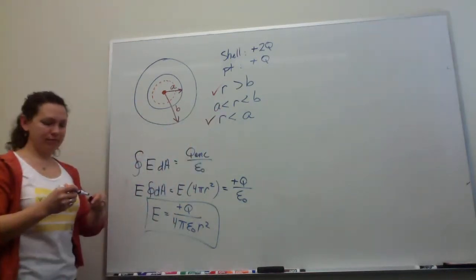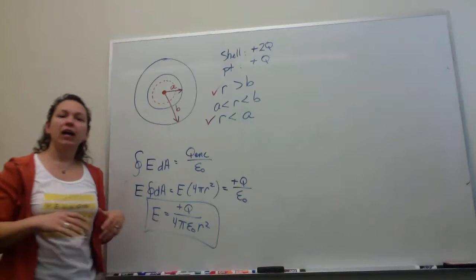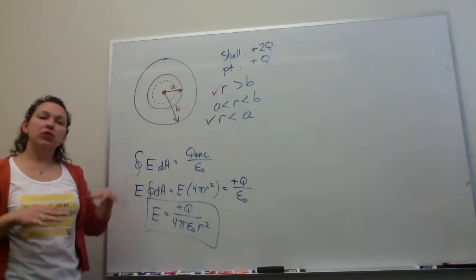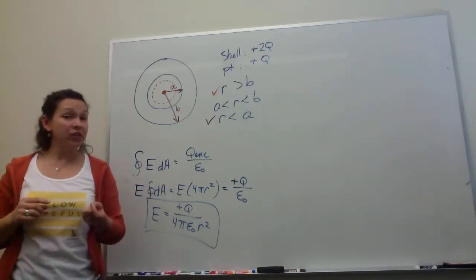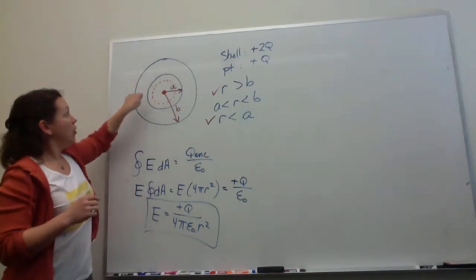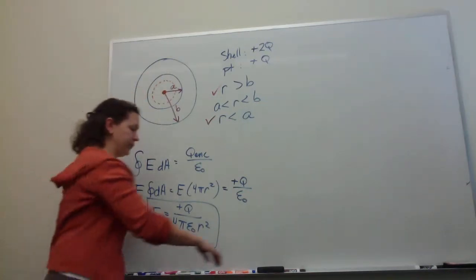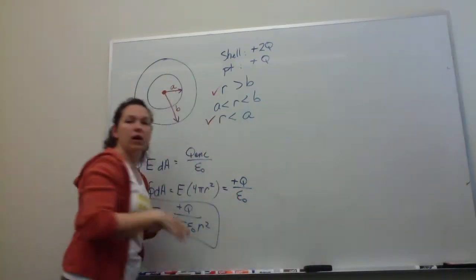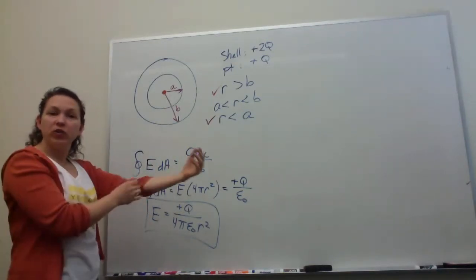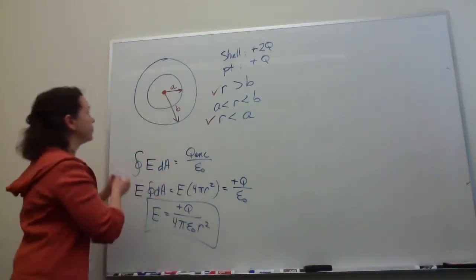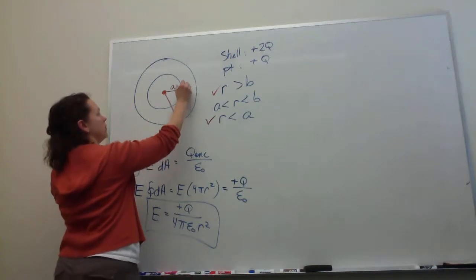Check. All right. Now what we get to do is apply Gauss's law and our understanding of conductors between a and b. On the test or on homework, I wouldn't expect you to erase these parts.